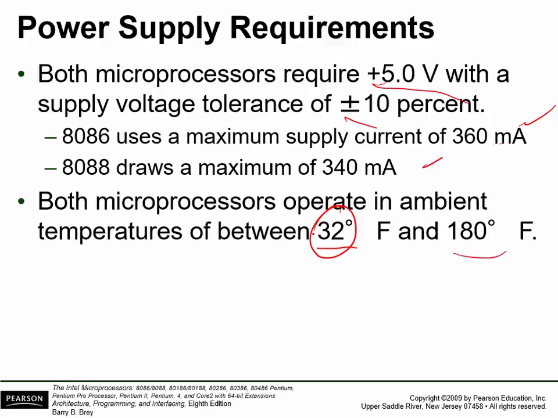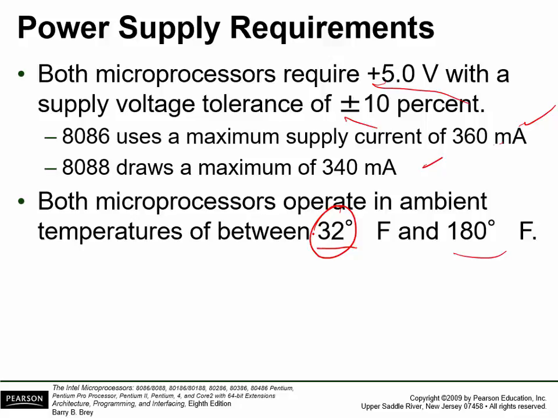We would see temperatures in the negative 40 range from time to time. Obviously, if you've got a cell phone running on a microprocessor and it's sitting in your outside coat pocket and it's minus 40 outside, that cell phone's probably close to minus 40 too. So this range is limiting, and they have extended that range.